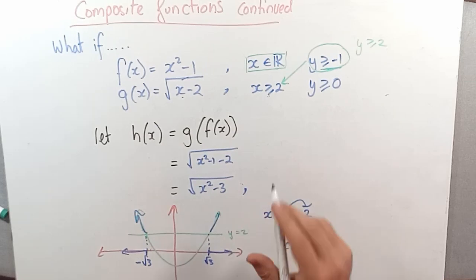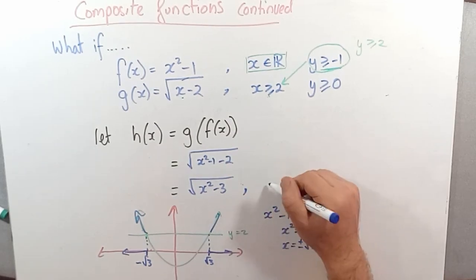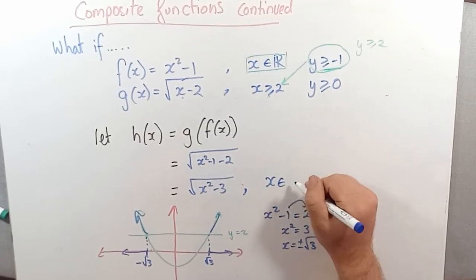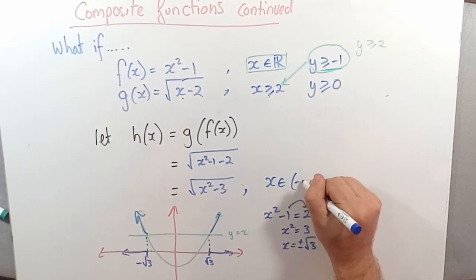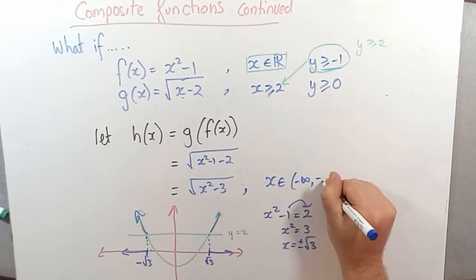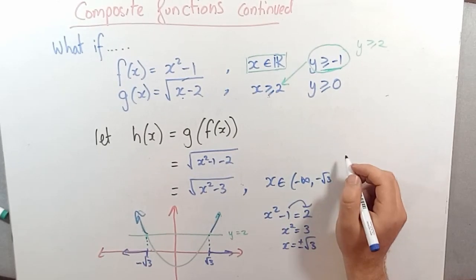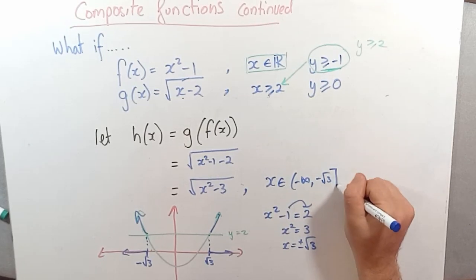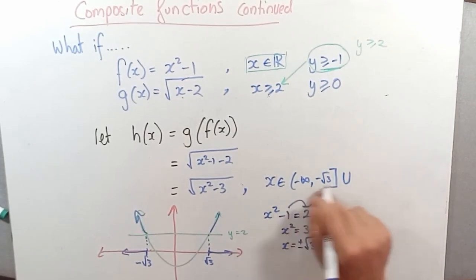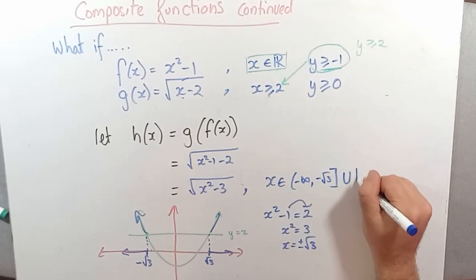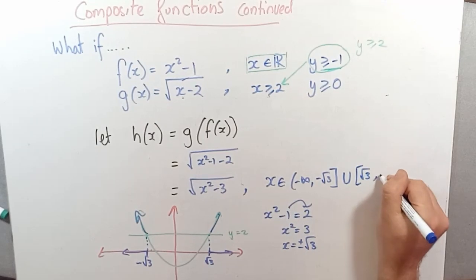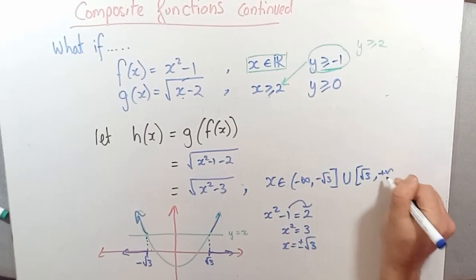So if I change this function so that x is an element of negative infinity to negative root 3, I can include that number, in union with positive root 3 all the way to infinity.